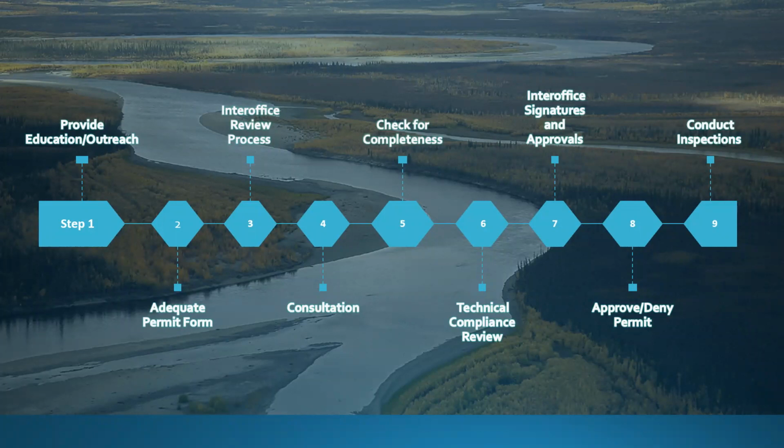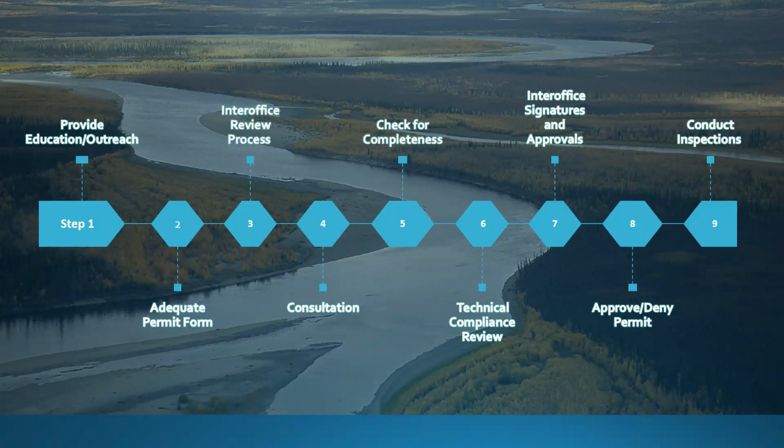And then consultation. Some communities will have a pre-application meeting or just a conversation with potential applicants about the process and what's required. We need to check for completeness, so we can't really start a review until we have a complete application. Then checking for technical compliance, which is really the longest step, is going through and making sure the proposed development is going to comply with our regulations.